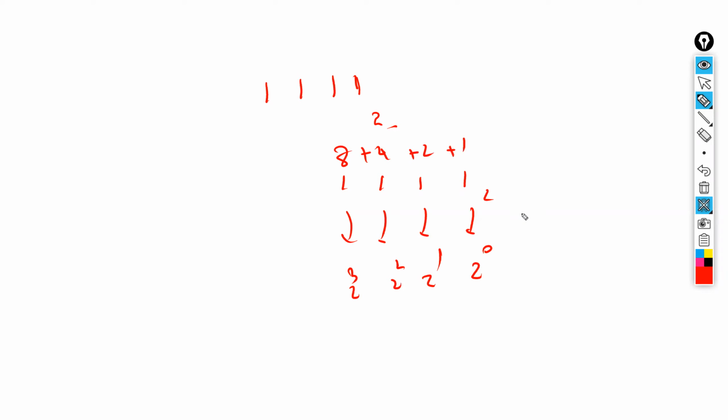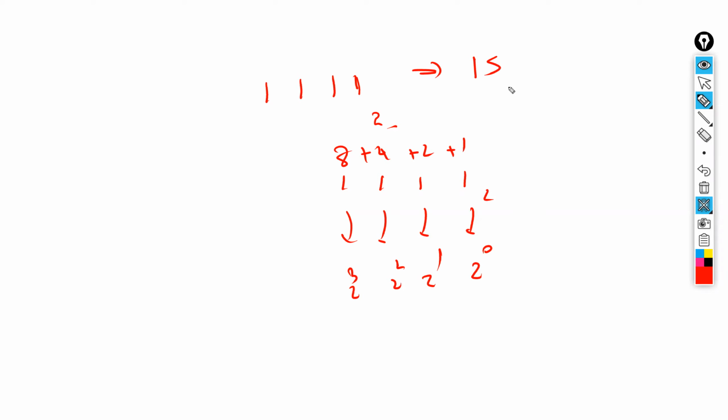This is binary, right? Base 2, 2 to the power 0, 1, 2, 3, no? We know that 8 plus 4 plus 2 plus 1, the value here is 15, right?